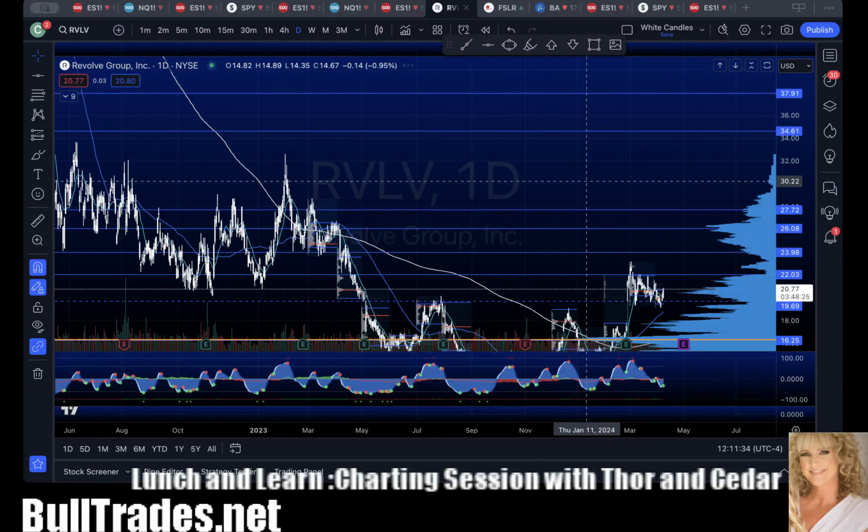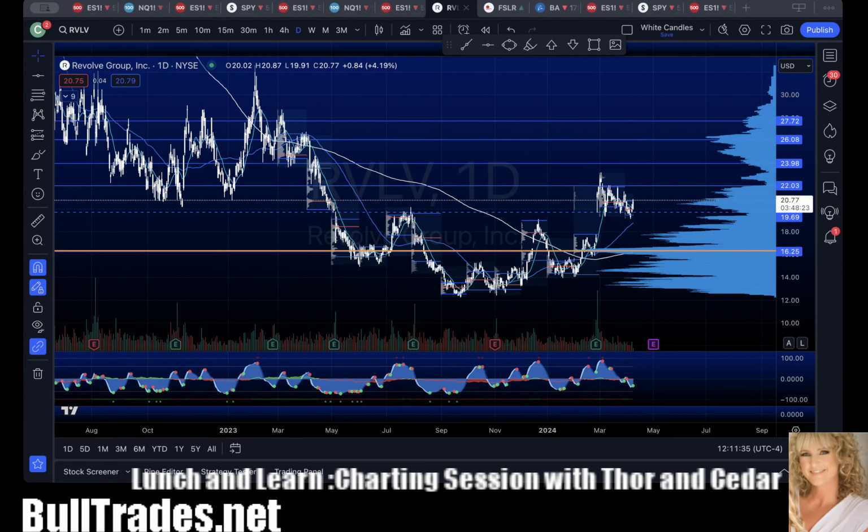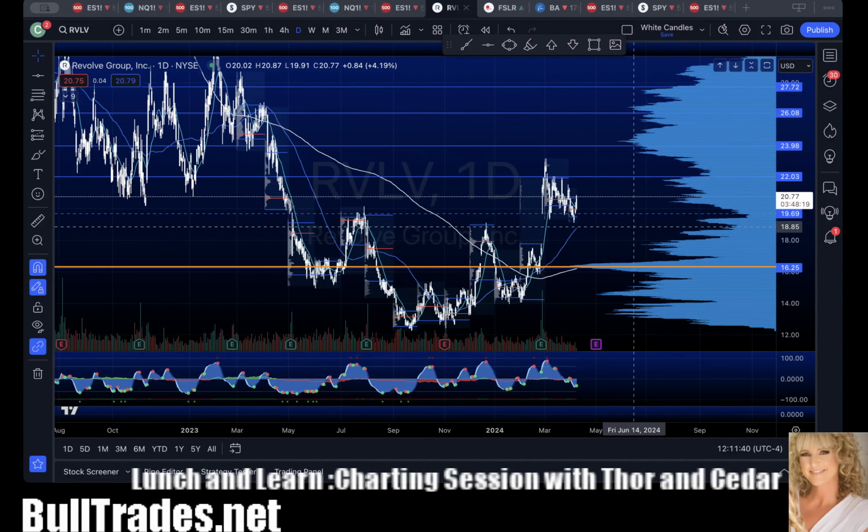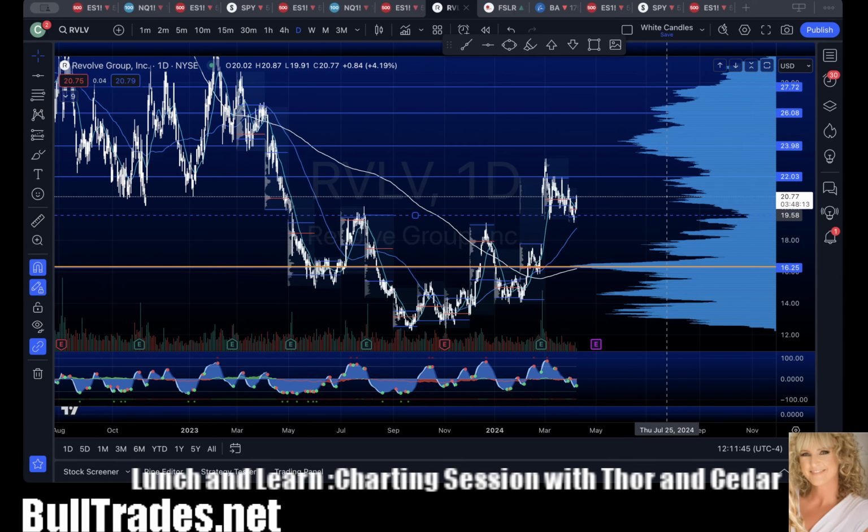And it did go to higher highs, because we had lower highs all the way back from August, and this is daily. 3 lower highs, and then finally broke out and took out that high from August. And it looks like it's trying to consolidate and make a move up.